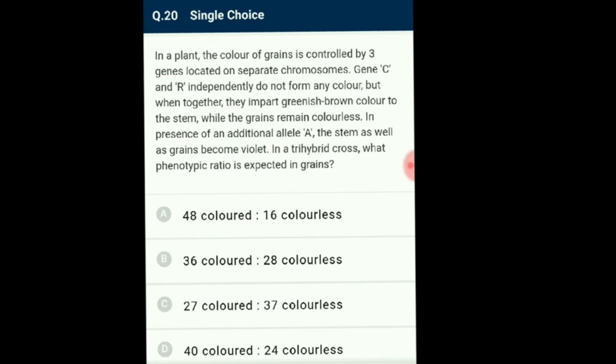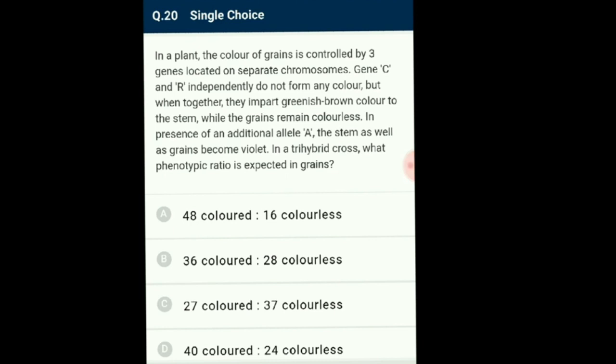A trihybrid cross is capital C, small c, capital R, small r, capital A, small a crossed with capital C, small c, capital R, small r, capital A, small a. The three genes are on separate chromosomes, thus they are independently assorted.